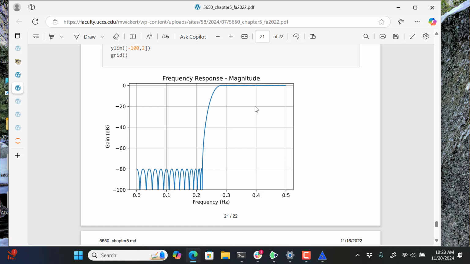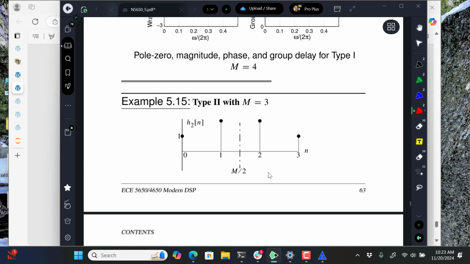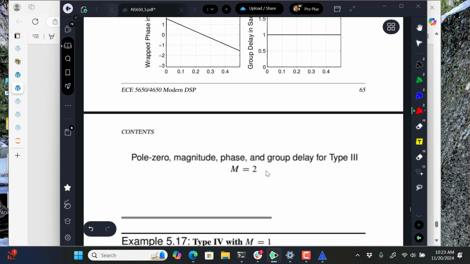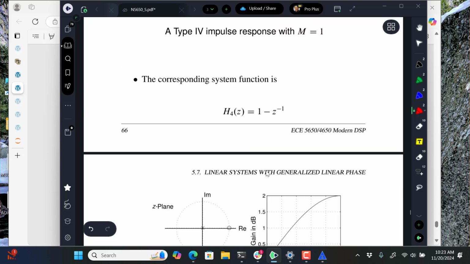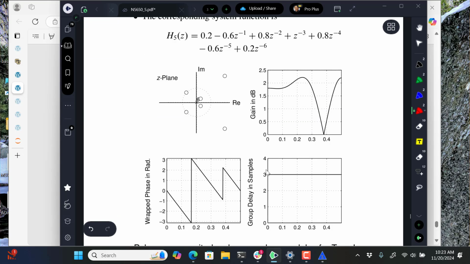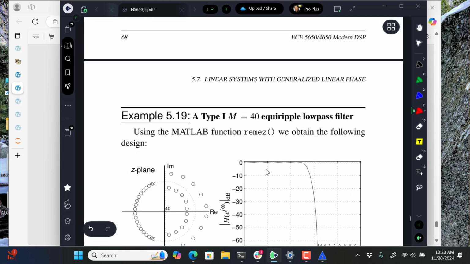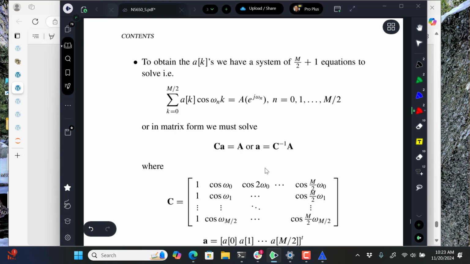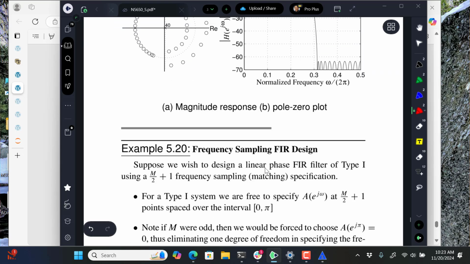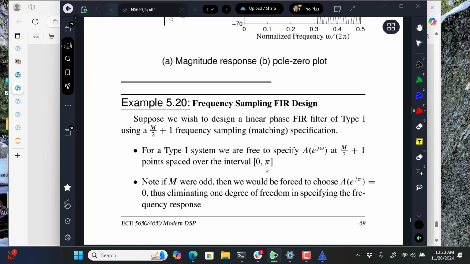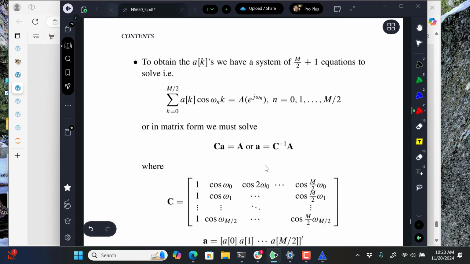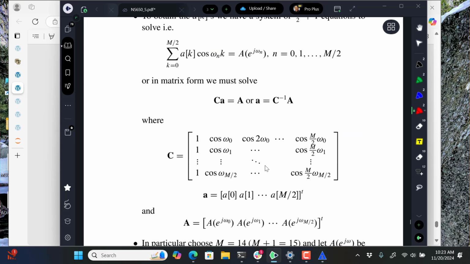I think I'm ready to move over, just double check where I'm at here. Just a bunch of different examples I had in here similar to what I just went through. Just verifying everything holds up. Frequency sampling FIR is talked about in here, but it's just interesting to understand how it works.